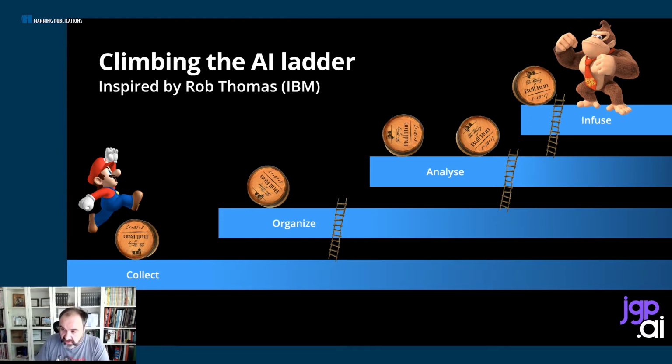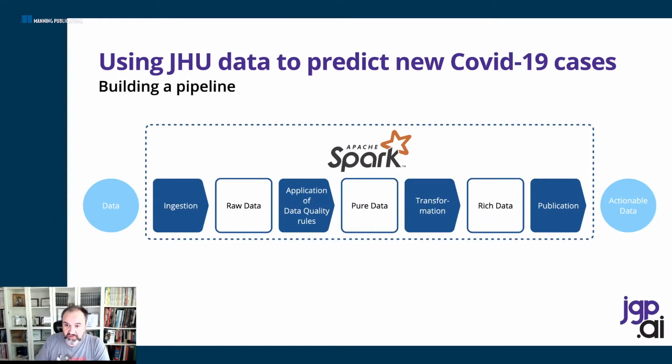Okay. Another way to look at that is being really careful about our journey with the data itself. The first part is we're going to take the data as we find it on the internet.